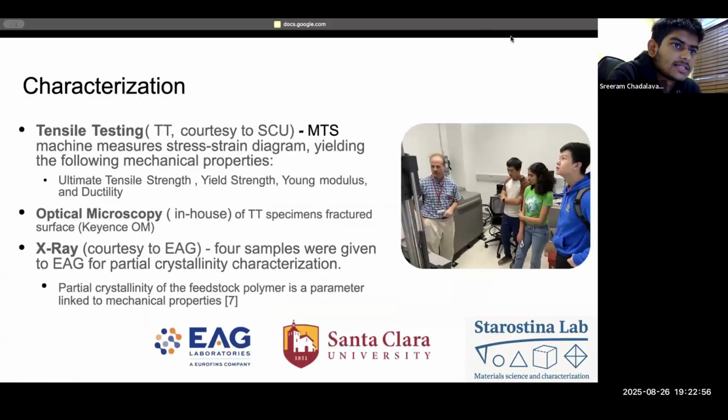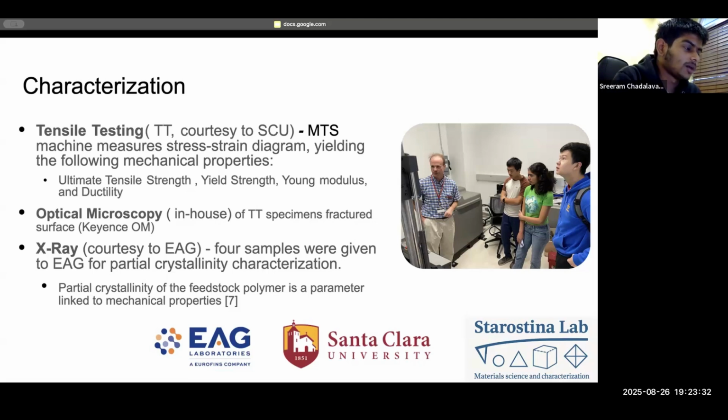As said before, we use tensile testing, which measures the mechanical properties of the material through a stress-strain diagram, namely the ultimate tensile strength, the amount of stress a material can undergo before it experiences surface fractures; yield strength, the amount of stress a material can undergo before it experiences permanent deformation; Young's modulus, an intrinsic mechanical property related to the slope of the linear region in the stress-strain diagram; and finally, ductility, or the amount of deformation that a material can undergo before it experiences surface fractures.